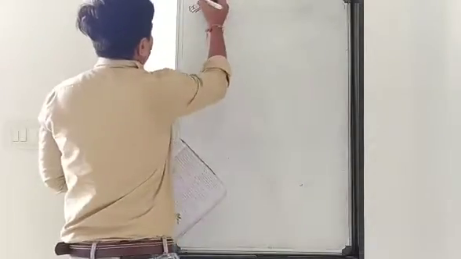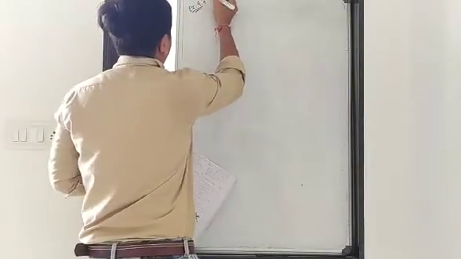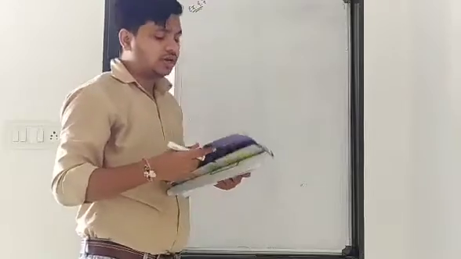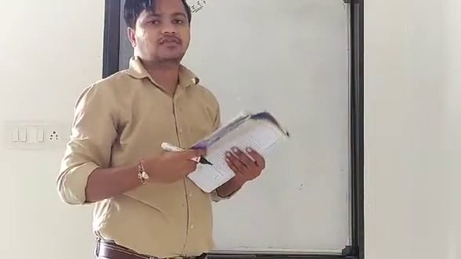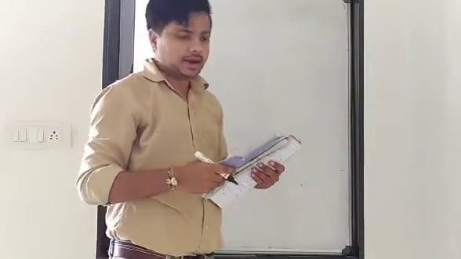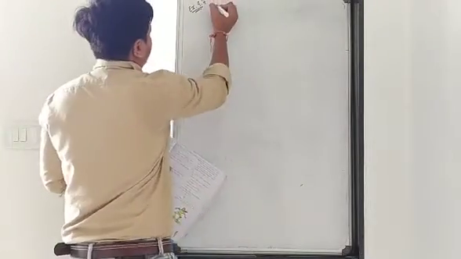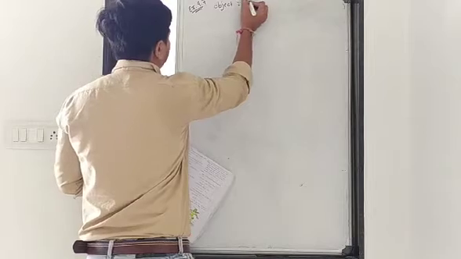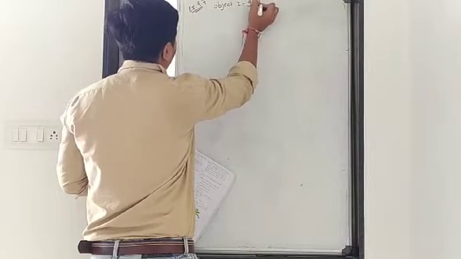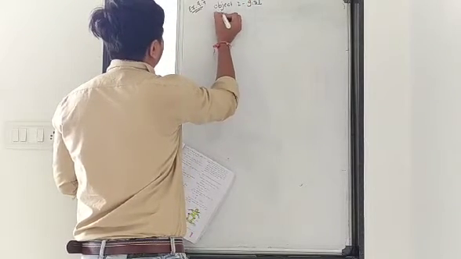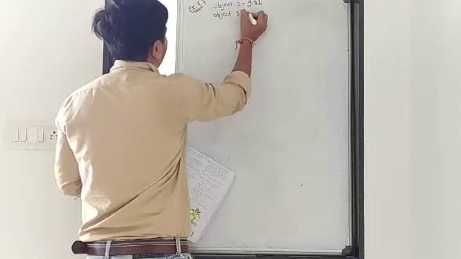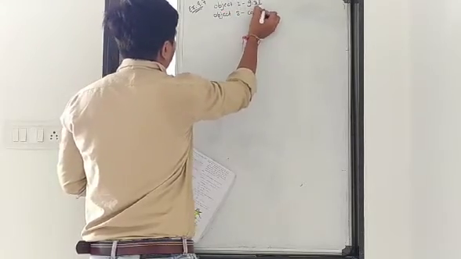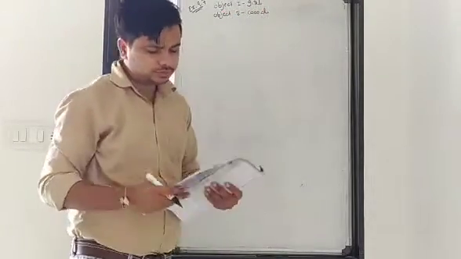One is a girl and the second one is a wooden plank, right? So object one is the girl and object two is the wooden plank.